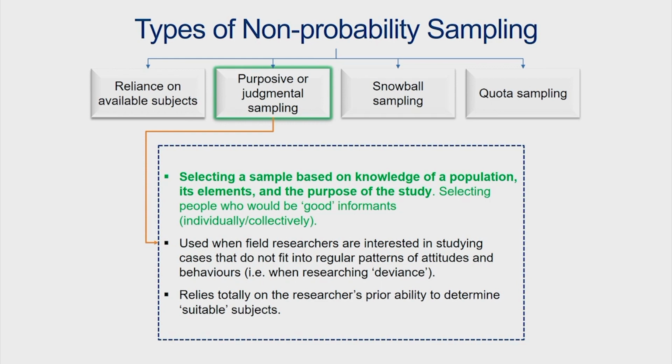You know that there are certain cases or certain people who can provide you better information, and then you choose those informants individually or collectively. It is used when field researchers are interested in studying cases that do not fit into regular patterns of attitudes and behaviors, and it relies totally on the researcher's prior ability to determine suitable subjects. Equally, in the case of a purposive sample also, we need to exercise caution with regard to drawing inferences for the population as a whole.